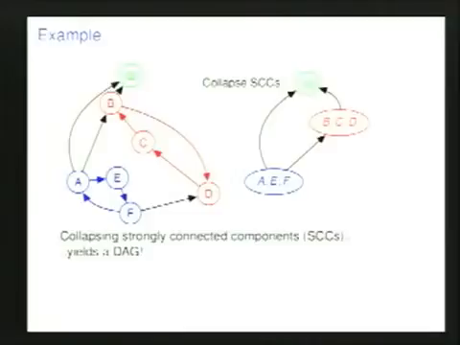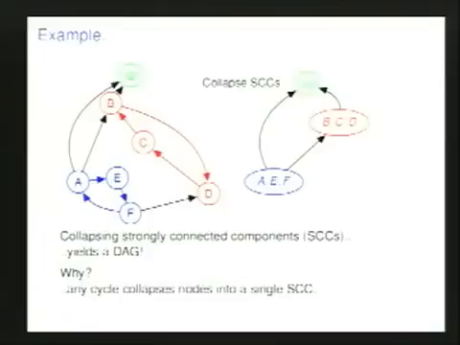Collapsing strongly connected components yields a DAG. Why? Well, if you had a cycle in this graph, then all of the nodes involved in that cycle you could put together in one strongly connected component, because there'd be a way between any pair of them.